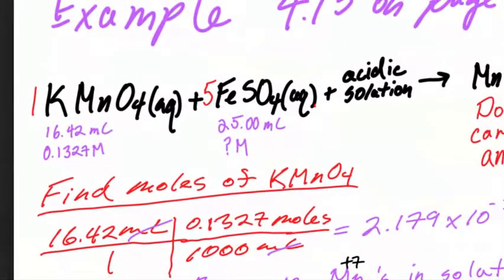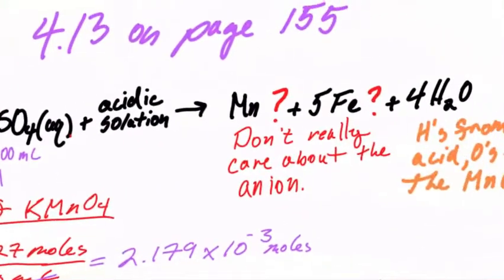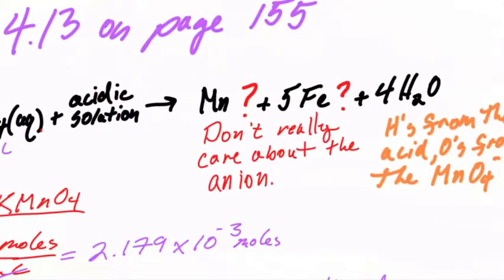It's an acidic solution. I think by adding that, it makes this a little bit more confusing, but the hydrogens are going to help take the place of the oxygens when the oxygens leave the manganese and make some water. If you notice in the book, they only write Mn and they write Fe.